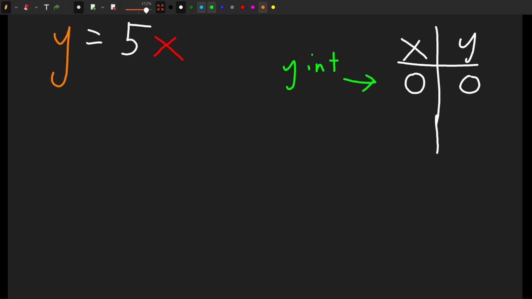Additionally, if I plug in 0 for y, I will then get my x-intercept. And what we're going to realize here is if I plug in 0 for y on the equation here, I'm going to get 0 is equal to 5x. I'm going to divide both sides by 5.